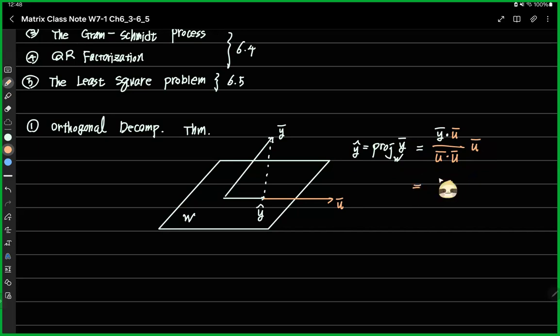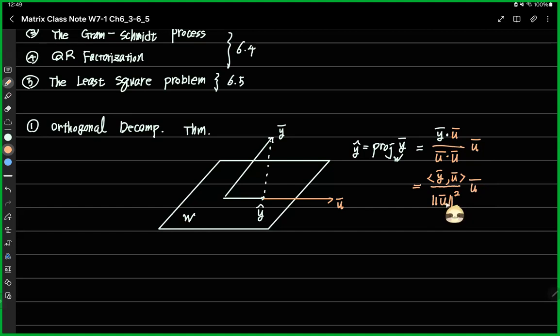The bottom one is the norm, the L2 norm squared of the vector u, and sometimes the inner product can be denoted by y comma u using angle brackets. That's the inner product of two vectors, nothing but this. Is the L2 norm.